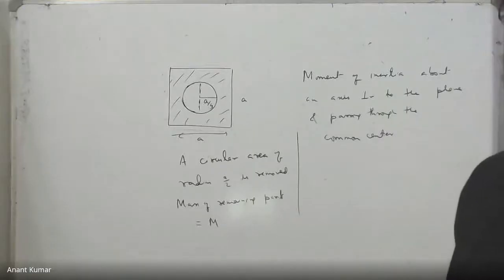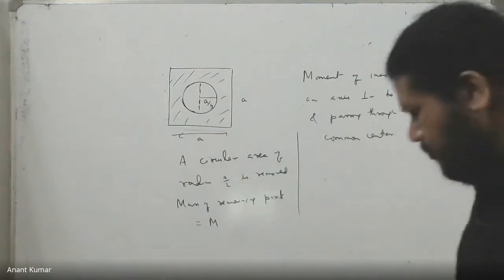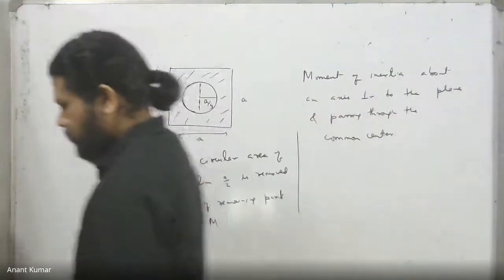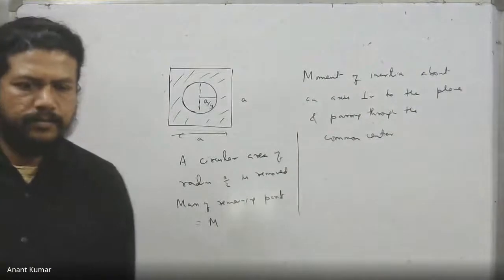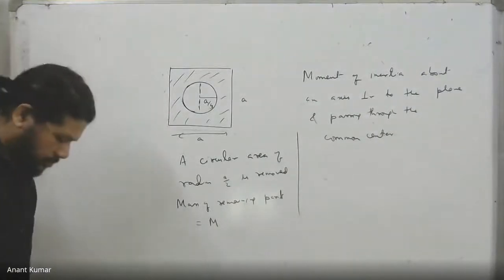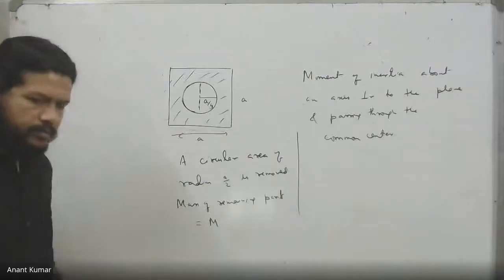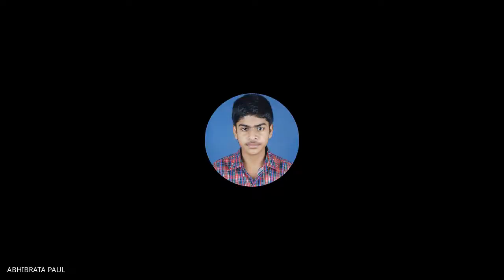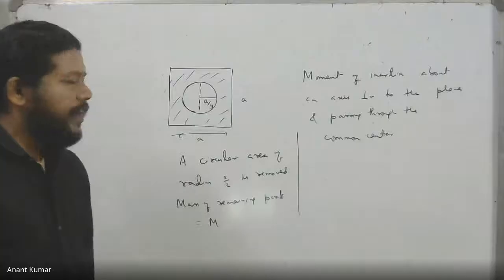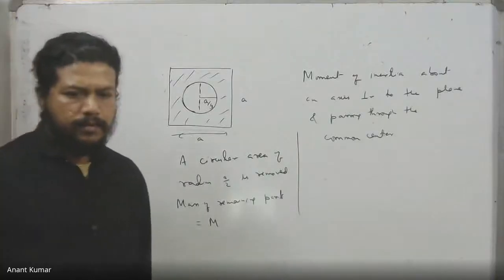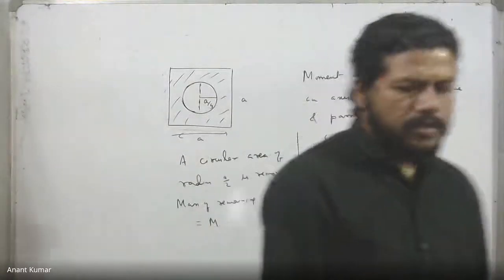Yes, sir, pi is coming. Sir, what is the radius of that circle, a by 4 or a by 2? Radius is a by 4, and it's concentric.